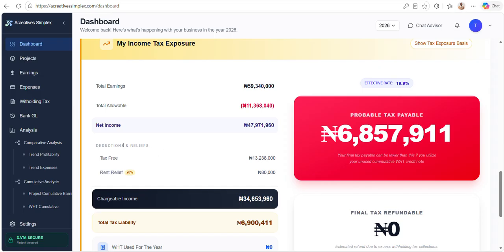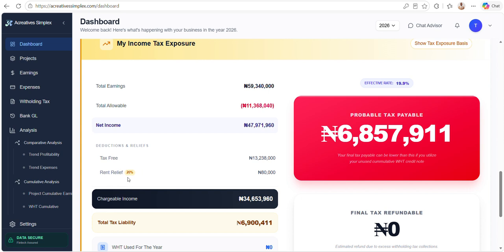Now, there are some deductions that the law allows, such as tax-free items. Tax-free are expense items that are not subject to tax, such as National Housing Fund, National Health Insurance Scheme, pension, gratuity. All of these are not subject to tax. We are not paying any, so we are deducting it from our total earnings.